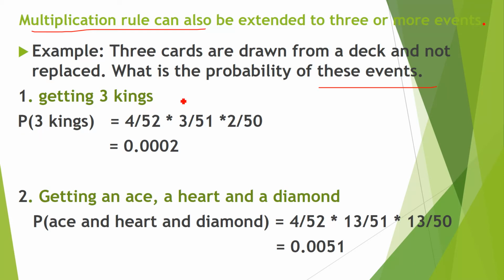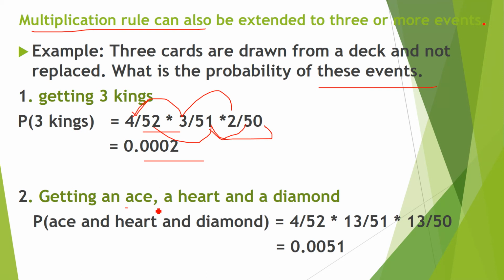First time you have 4 kings and 52 cards. Multiply by second time 3 kings over 51, because now 1 card is less. Again now you have 50 cards left and 2 kings. Just multiply the numerators, multiply the denominators and simplify, you will get 0.0002.